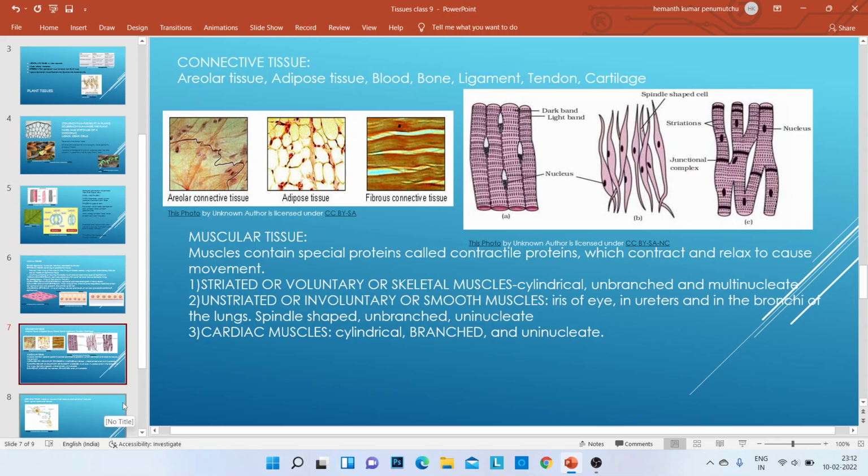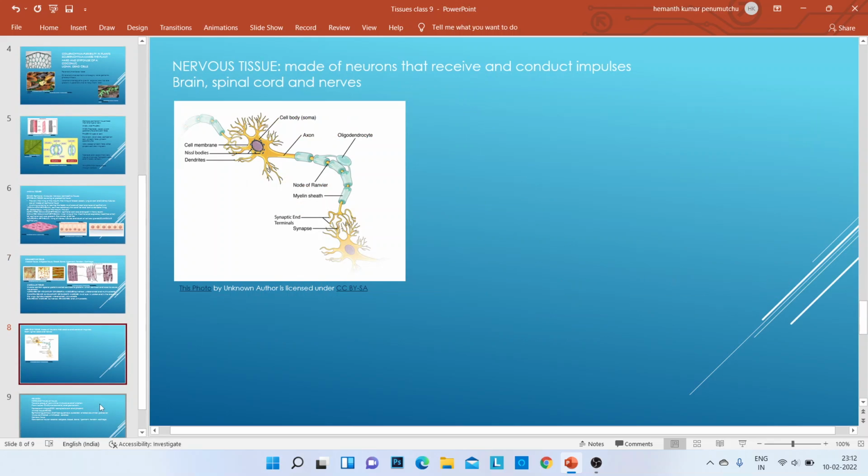We can move to the next type of tissue, that is nervous tissue. This nervous tissue is made of neurons that receive and conduct impulses. Receiving and conducting impulses helps in communication. Nervous tissue can be found in the brain, spinal cord and nerves.